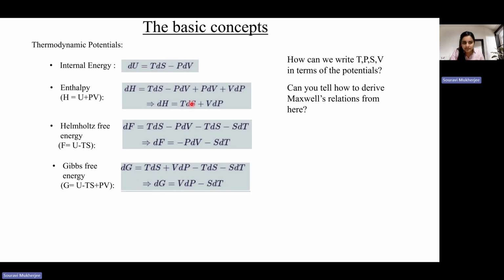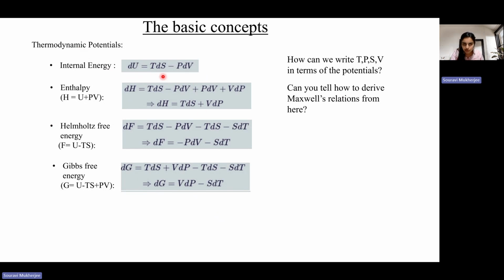Why it is important is we have solved different questions in the last class, and we'll also solve certain things in this class. These relations give us how we can write the different thermodynamic variables like temperature, pressure, entropy, and volume in terms of different partial derivatives of the thermodynamic potentials, right?